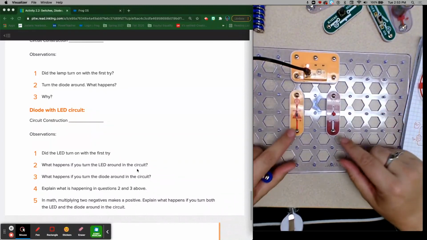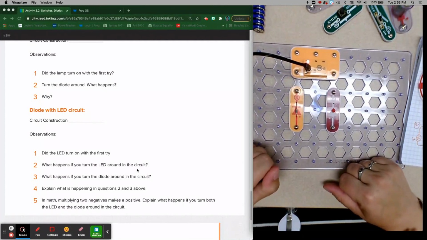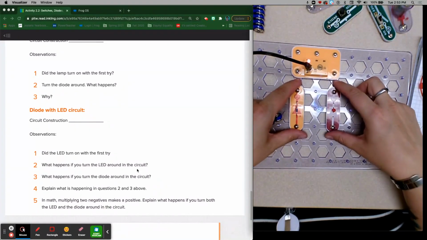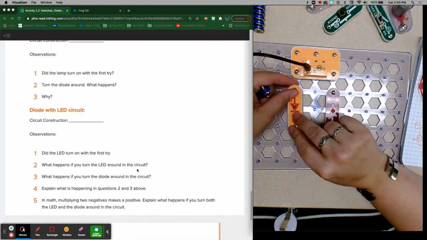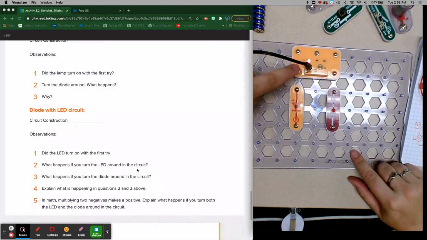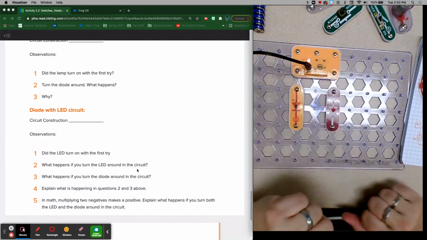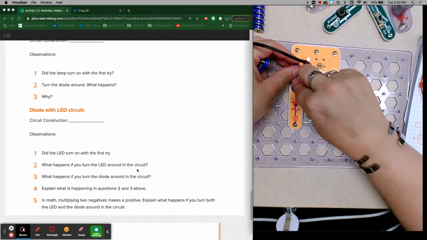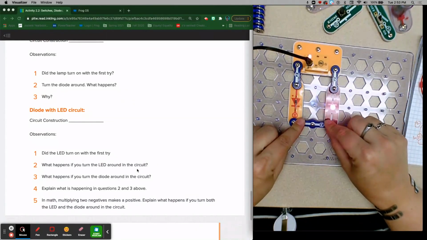So the question is, if I've turned both of these facing this way, what's going to happen? Now, if it is set up correctly, these should flow from positive, positive, positive, around to negative. And in this case, they light up.